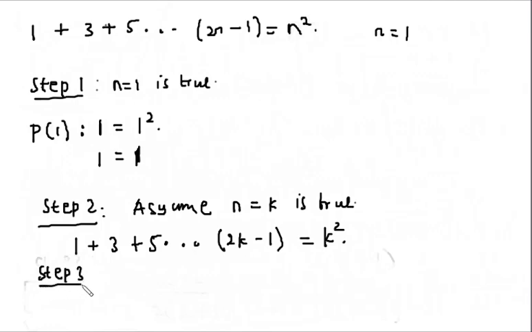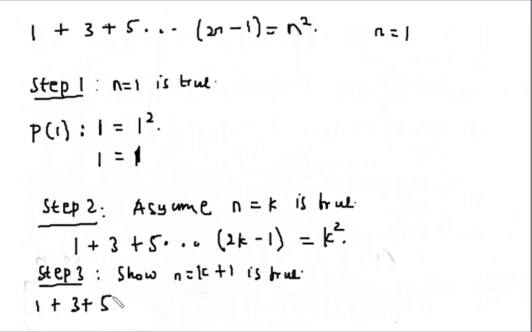we need to show that n equals k plus 1 is true. Okay, so we write this statement by saying 1 plus 3 plus 5, and then we know that this statement simply shows the nth term of this sequence. Okay, so this statement is the kth term, 2k minus 1.